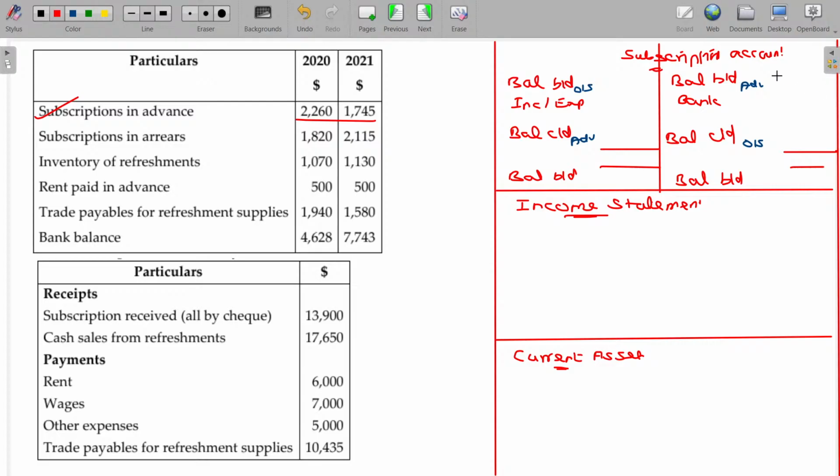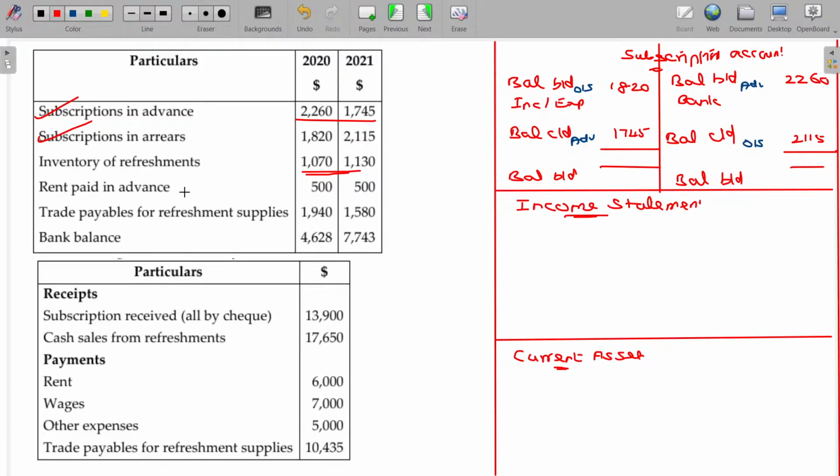Subscription in advance: initially 2,260, and 1,745 here, being the advance, will be posted on the credit side and the debit side. Subscription in arrears 1,820, and 2,115. Inventory of refreshment we will deal with separately.